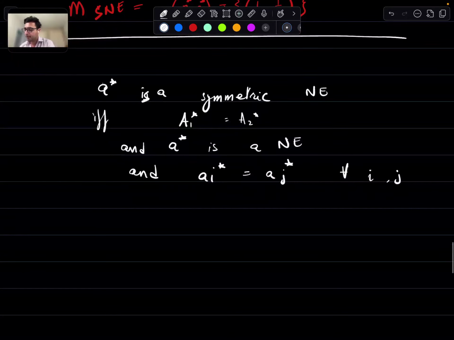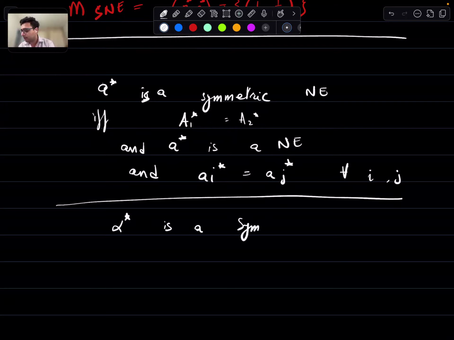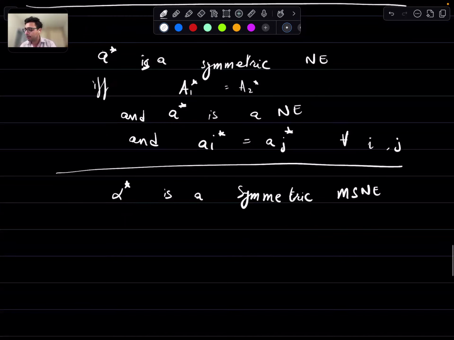Okay. Now, what is a symmetric mixed strategy Nash equilibrium? In a mixed strategy Nash equilibrium, every player is choosing a particular mix over different actions, right? So alpha star is a symmetric MSNE if and only if you do need the action sets to be the same.